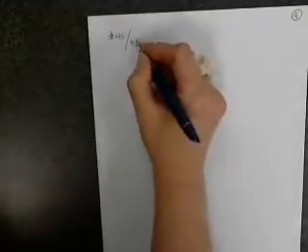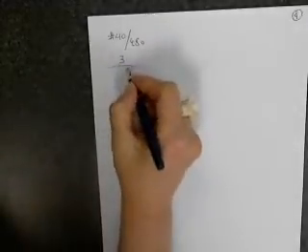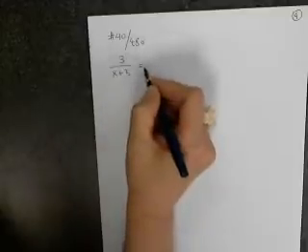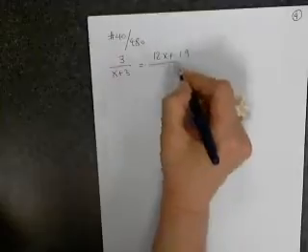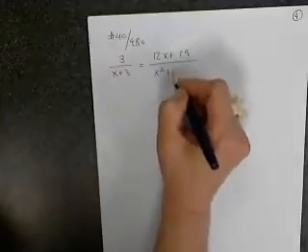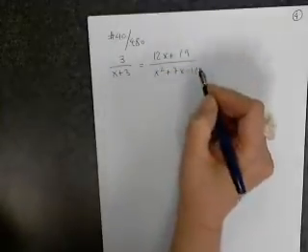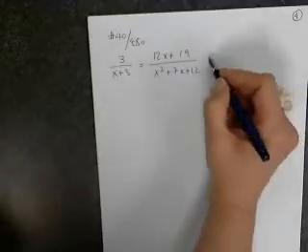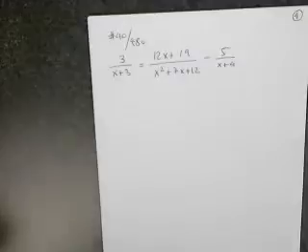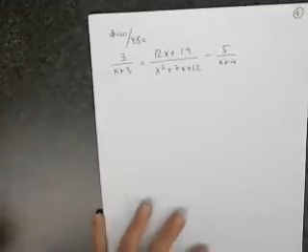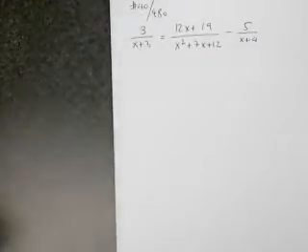You will be able to handle this with no problems because you were able to add and subtract fractions, rational expressions. So 3 divided by x plus 3 equals 12x plus 19 over x squared plus 7x plus 12, and then minus 5 divided by x plus 4. Is this a proportion? No, it's not a proportion.